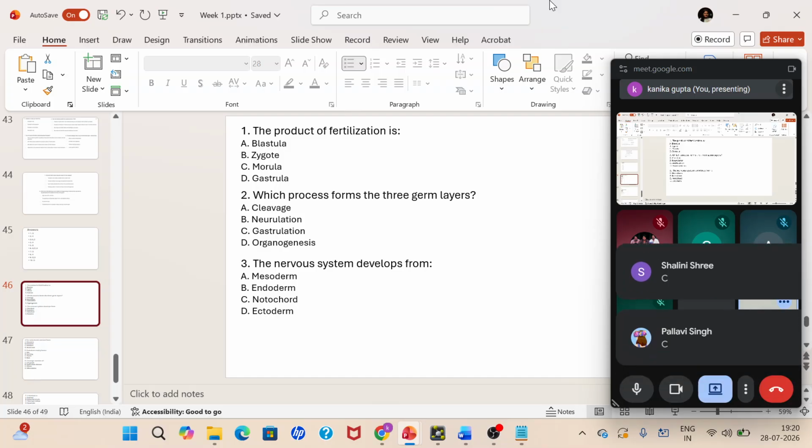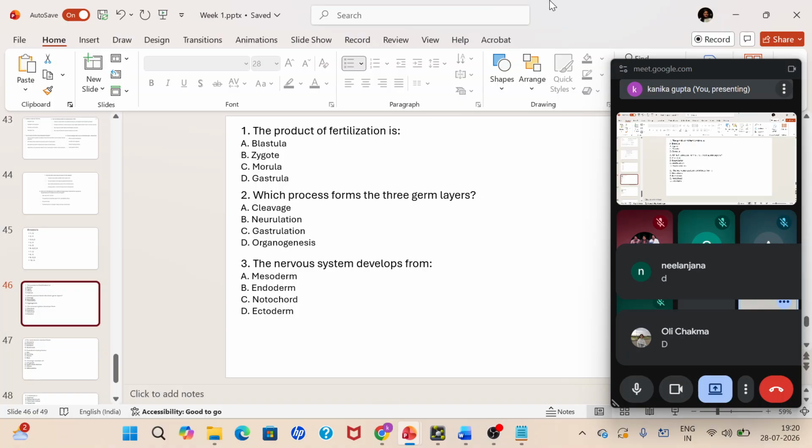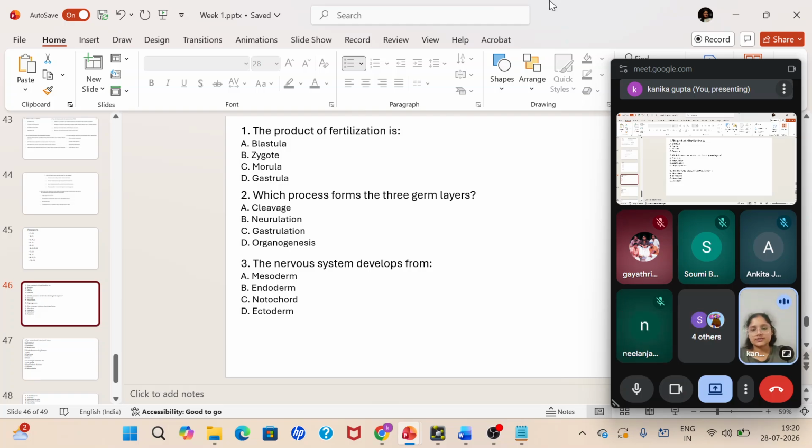Perfect. It is the gastrulation which forms the three germ layers. Next question. The nervous system develops from which germ layer? It is the ectoderm which gives rise to the nervous system.